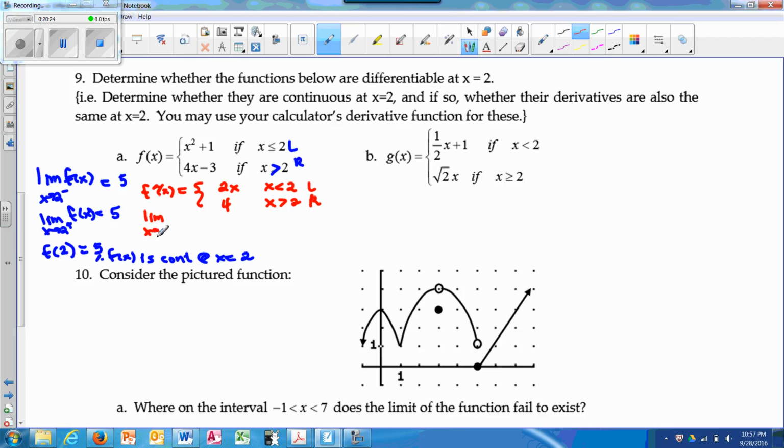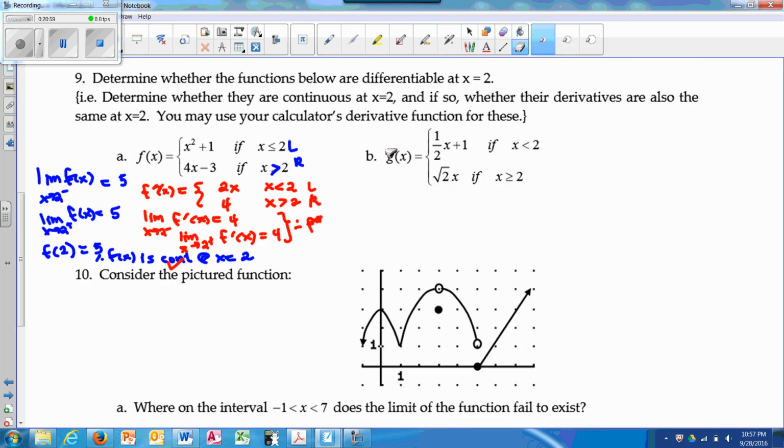We substitute 4 times 2 is 8, minus 3 is also 5. We must check the function value at 2 because sometimes you don't have an equals. So if you had an open circle, you would not have continuity. Now f of 2 uses the top function, so 2 squared is 4, plus 1 is 5. So therefore, f of x is continuous at x equals 2. That means we can move forward with differentiability.